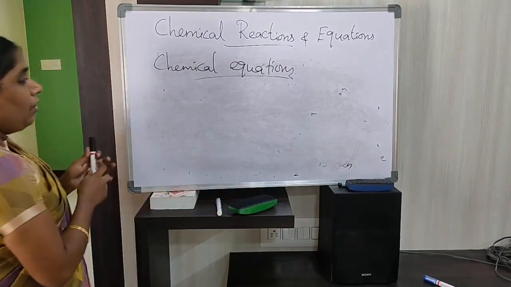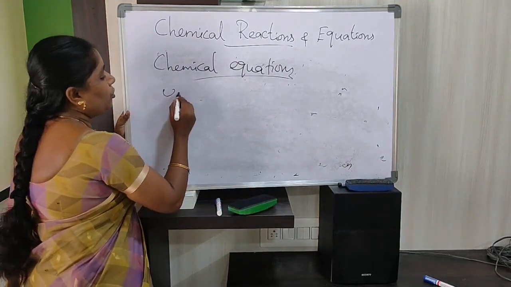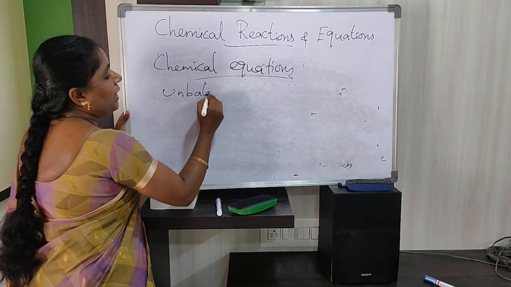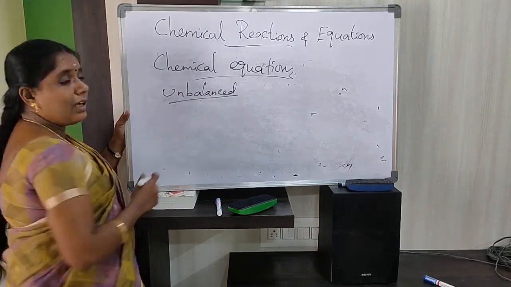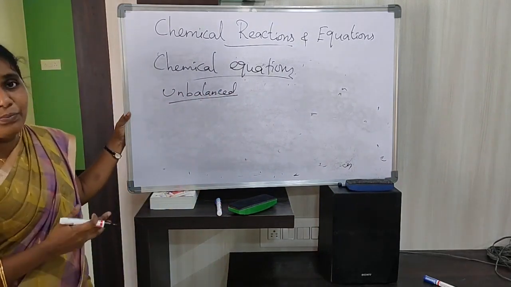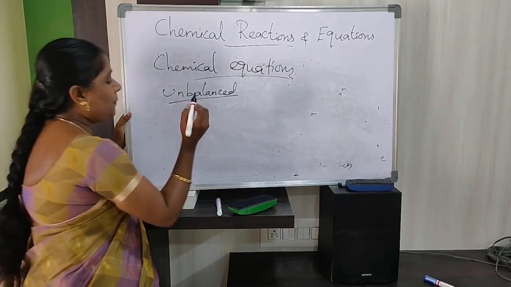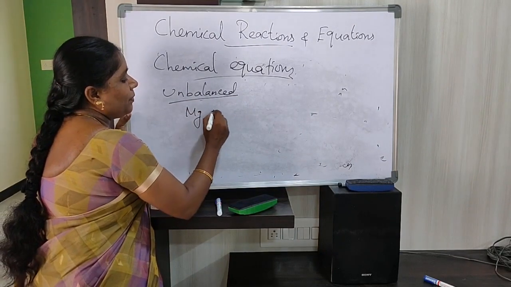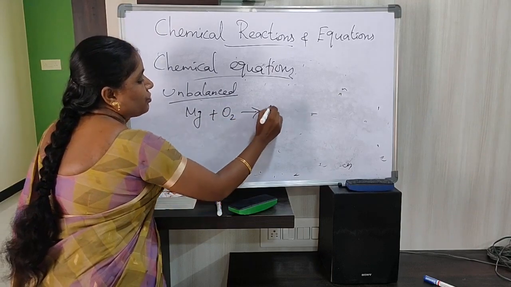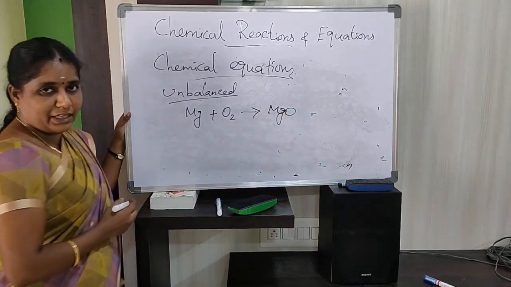See, first we have to know about the unbalanced chemical equation. Already you know very well that unbalanced means the equation is not balanced. For example, when magnesium combines with oxygen to form magnesium oxide.